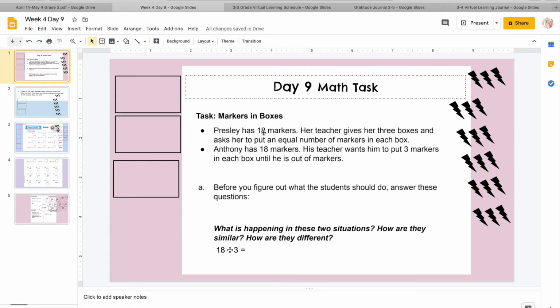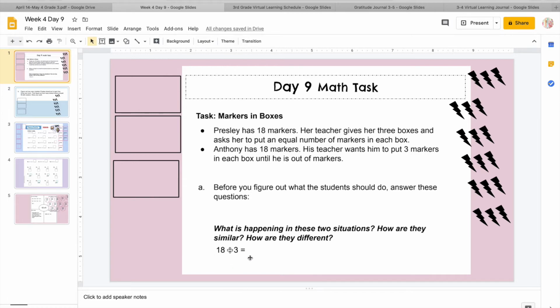For Presley's, we're doing 18 divided by 3, and we're breaking those up. And for Anthony, we're doing 18 divided by 3, but a different way. For this one, we want to know how many boxes we're going to have. And for Presley, we want to know how many markers would be in each box. And how are they different? They're different because the situations are different.